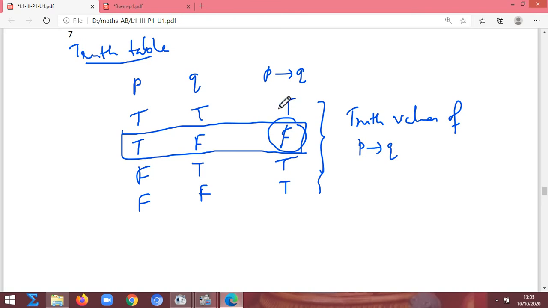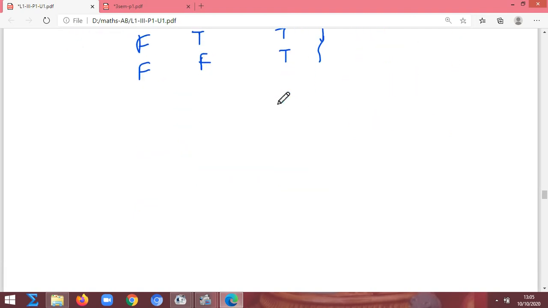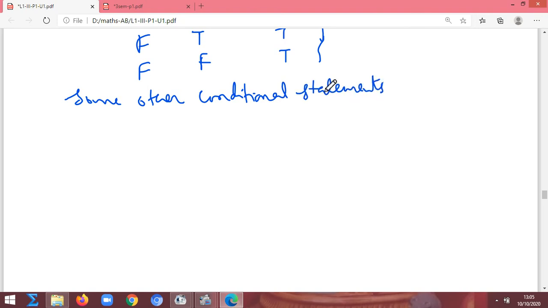There are many other conditional statements which may appear. So, we shall see some other conditional statements.